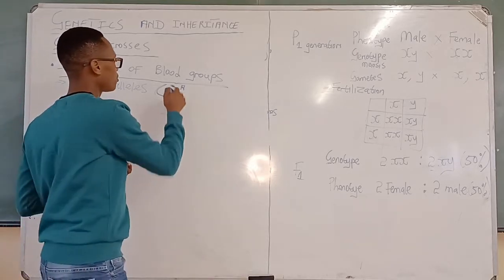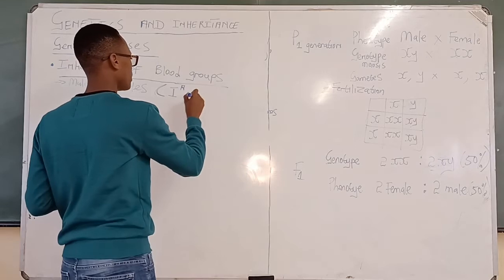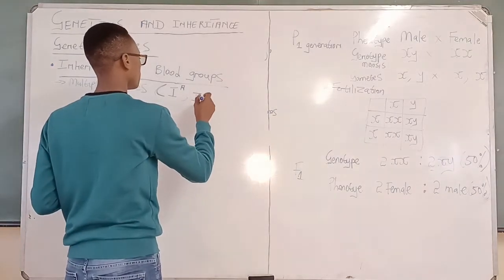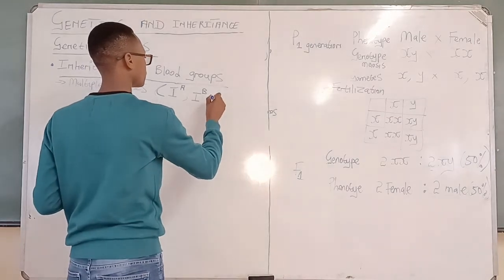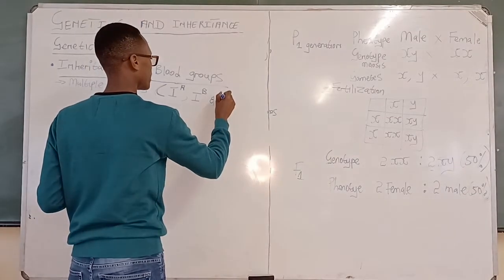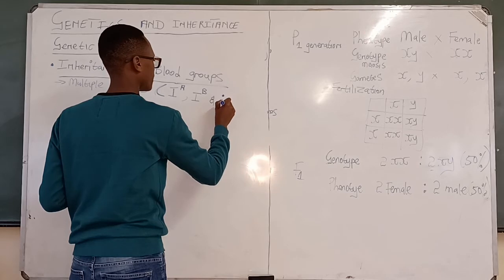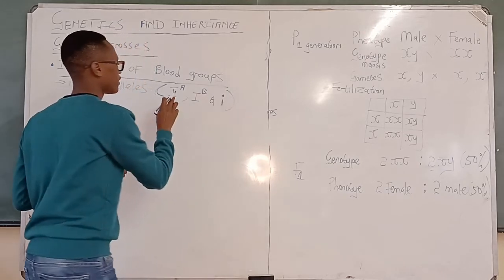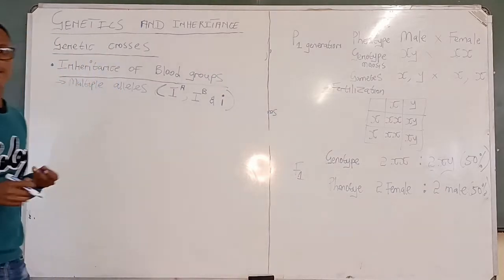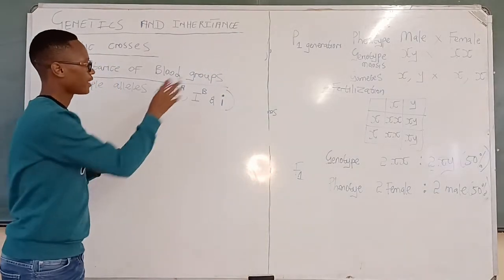So we have immunoglobulin A, immunoglobulin B, and then this smaller immunoglobulin i. You can see that we have 1, 2, 3 alleles that influence blood groups.